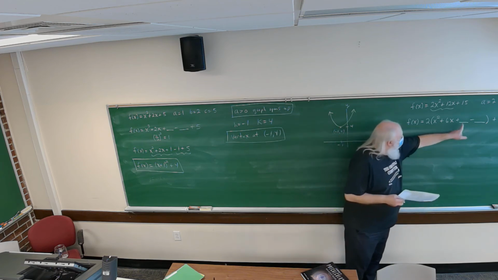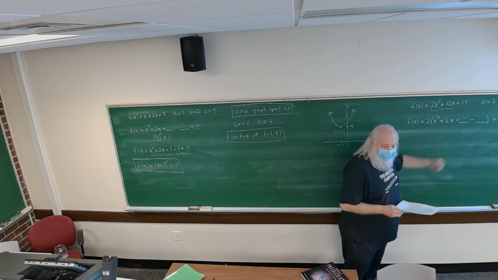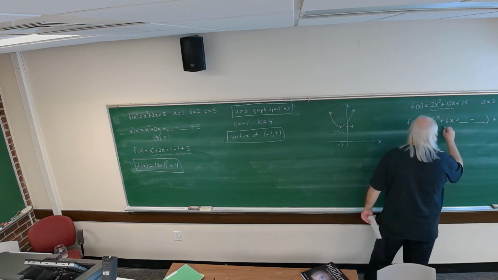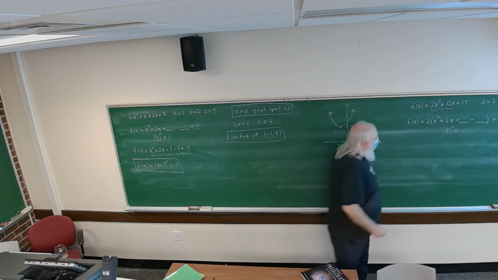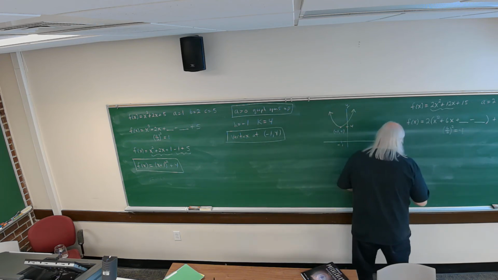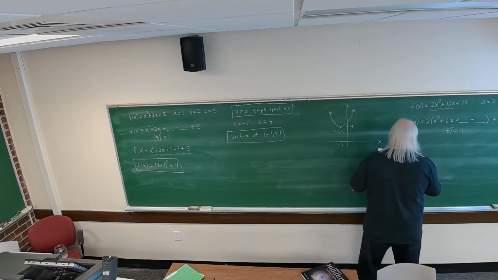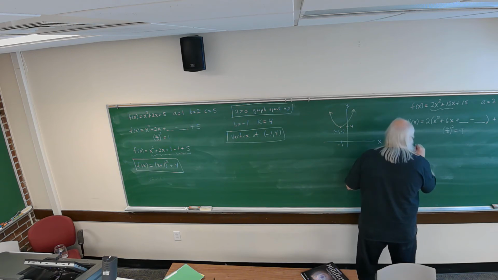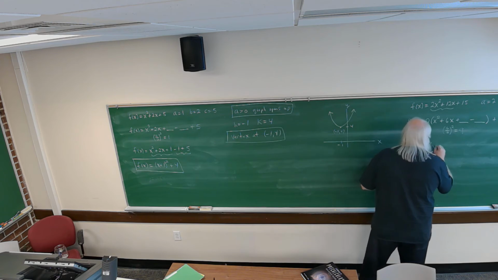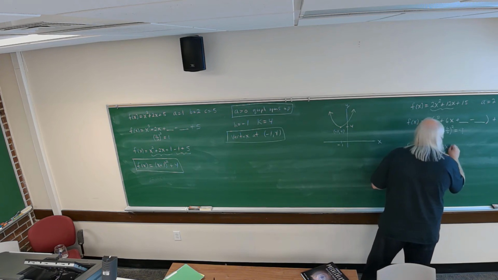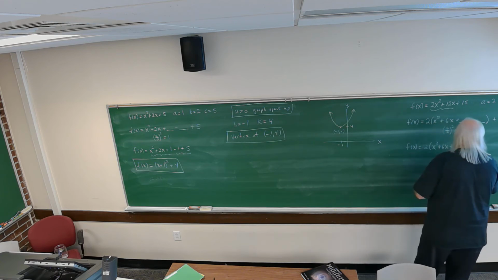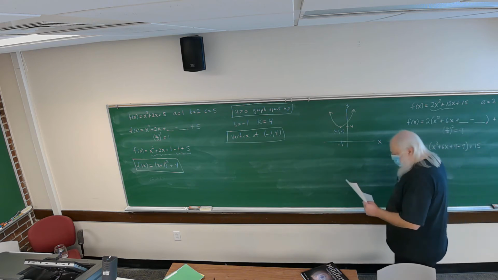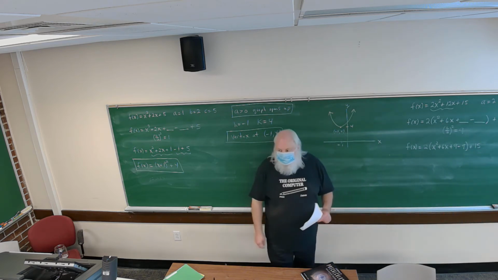Well, what's the number that we add and subtract to create a perfect trinomial? Take the number in front of the x, divide it by 2, and then square it. So 6 divided by 2 is 3. 3 squared is 9. So we have f of x is equal to 2 times x squared plus 6x plus 9 minus 9, plus 15. Are you with me so far?